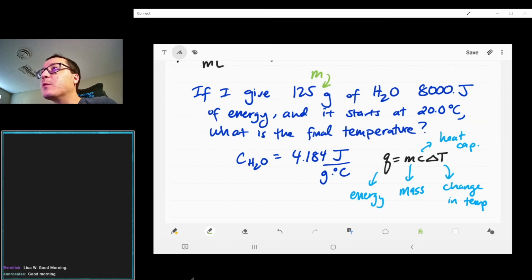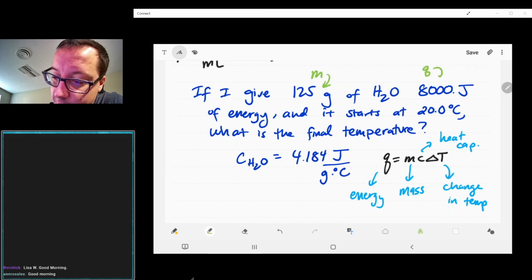The next number we have is 8,000. That's with 4 sig figs, by the way. There's a decimal there. And that unit of that is joules. Joules is a unit of energy, right? So that tells us that that number is Q. And then our final number, it says it starts at 20 degrees Celsius.